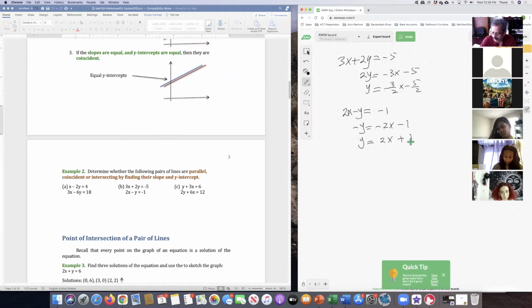Minus divided by minus is plus, so they both become pluses. So the slope is 2 and y-intercept is 1. That means the slopes are not equal, minus 3 over 2 and 2. So they're intersecting, right? If the slopes are not equal, then they're intersecting, and that's your conclusion.